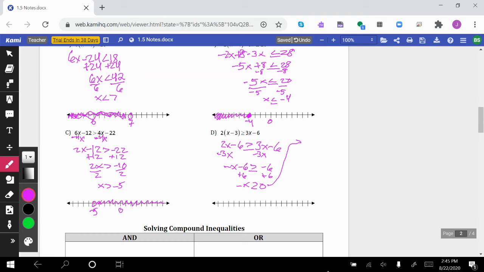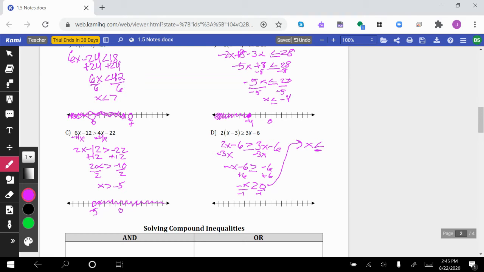I'm going to draw an arrow to finish it over here. We need to divide by -1, because again, that -x is the same thing as -1x. So we divide by -1 on both sides, and we end up with x. We have to flip the inequality sign because we divided by a negative.